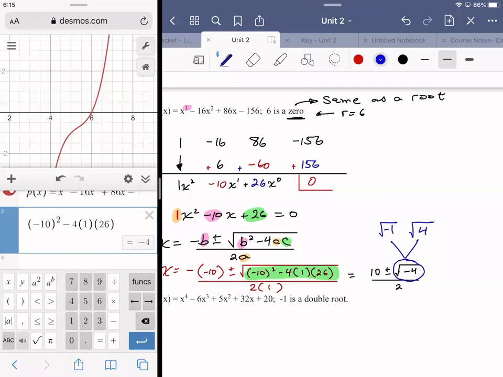So it's the product of these two things that make the square root of negative 4. By definition, we know that the square root of negative 1 is equal to i. We know that the square root of 4 is equal to 2. Normally, I'd say plus or minus 2, but the quadratic formula already has the plus or minus built in. I'm not concerned about that.